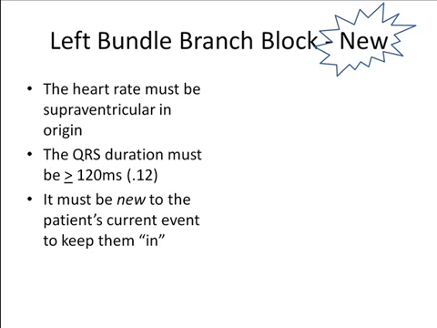If the criteria is met, then we look at V1 and start at the J point and move left towards the QRS complex. Does this terminal complex drop, or does it rise above the isoelectric line? If the terminal complex is down, it's a left. If the terminal complex is up above the isoelectric line, it's a right. That's basically it.